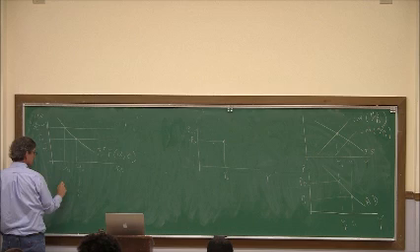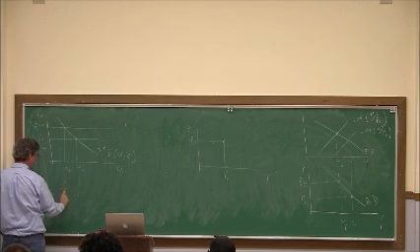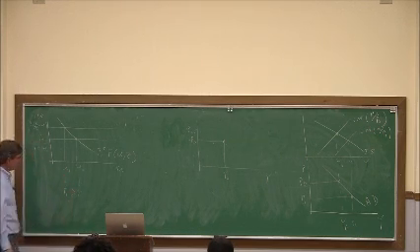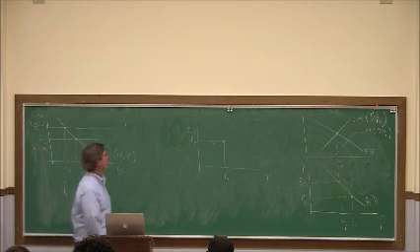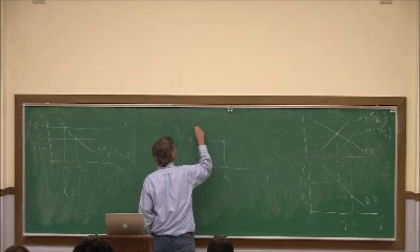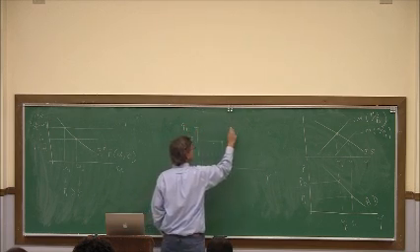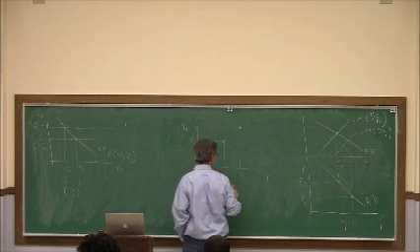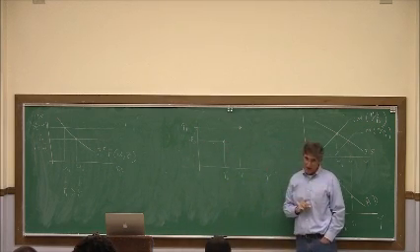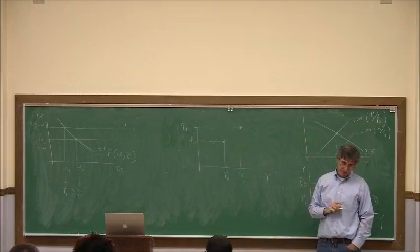Unemployment goes down, so output must go up. So at the higher price P1, we get a higher level of output, Y1.